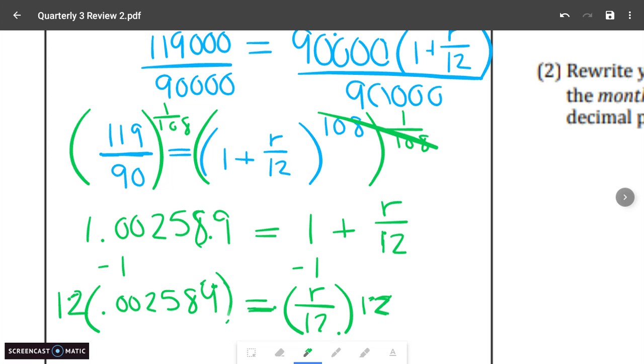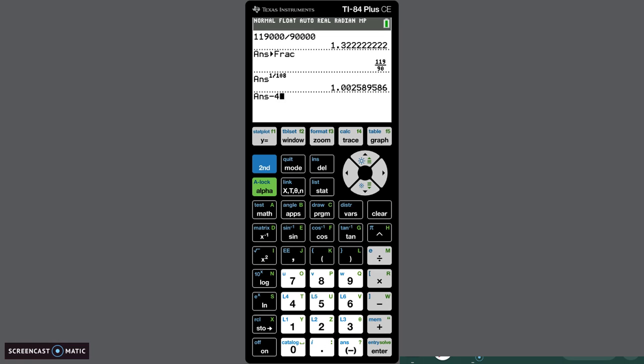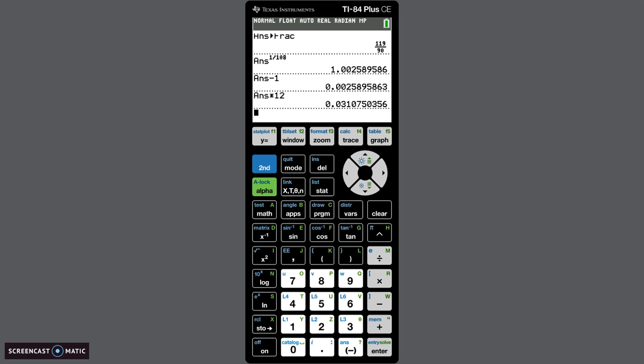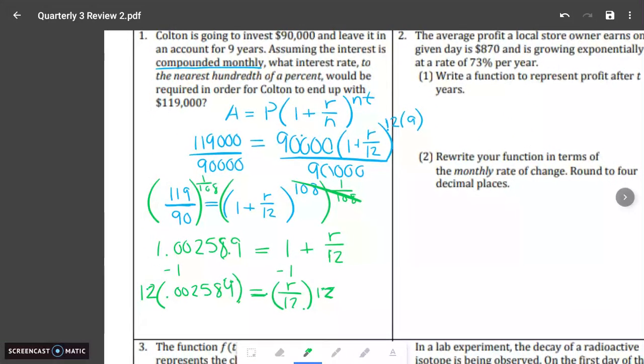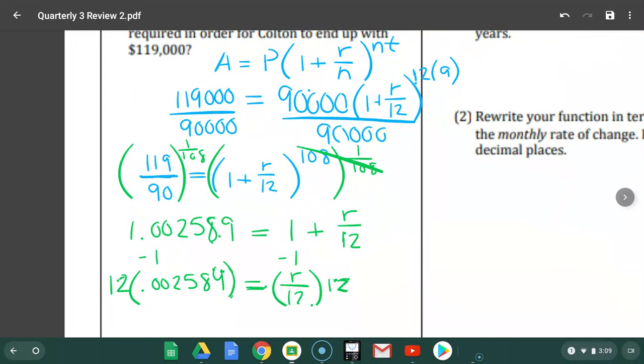And I'll do that all in the calculator. So I'm going to subtract the 1 because I'm afraid of rounding too soon. So I just like to keep that whole decimal right in the calculator, times it by the 12. And our rate here is given, and it says to the nearest, what did we say? 100th of a percent though.